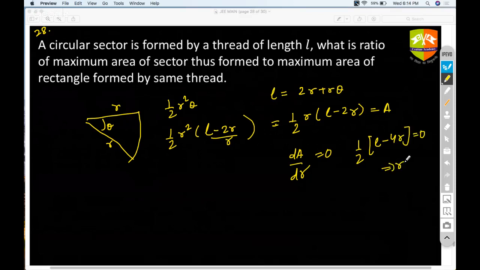That means r has to be L by 4. Right? If r is L by 4, that means theta has to be L minus L by 2 divided by L by 4. That's going to be 2 radians.